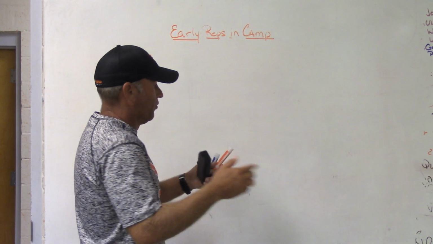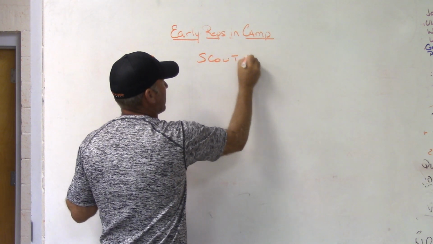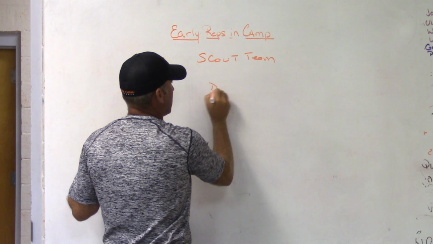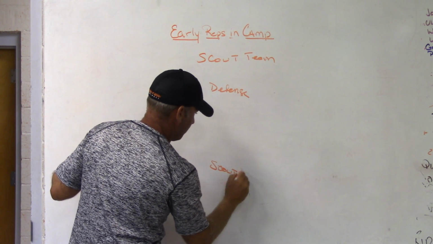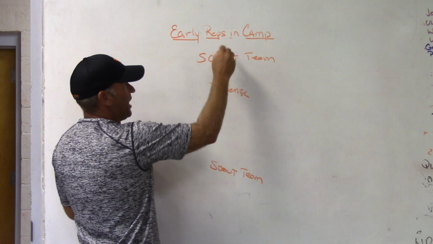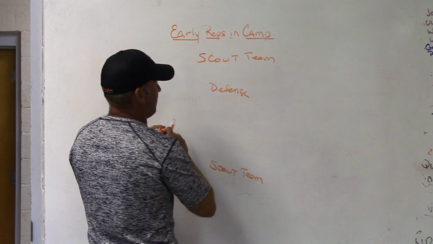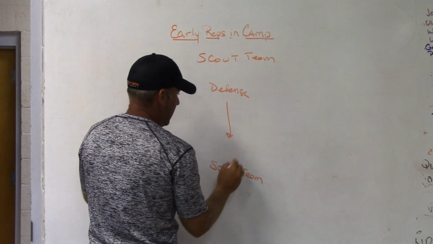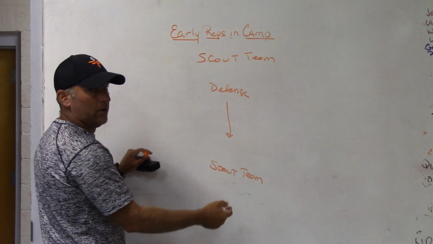The fastest way you could ever do it in practice is if you have enough guys to have two scout teams. So you have a scout team here, you have your defense here, and you have a scout team back here. This scout team runs a play against your defense. After your defense makes that play, your defense then has to turn and run and get lined up down here to play a play against that scout team.